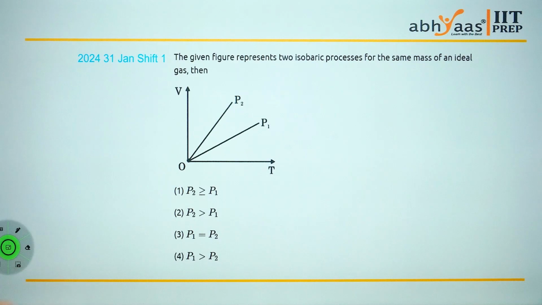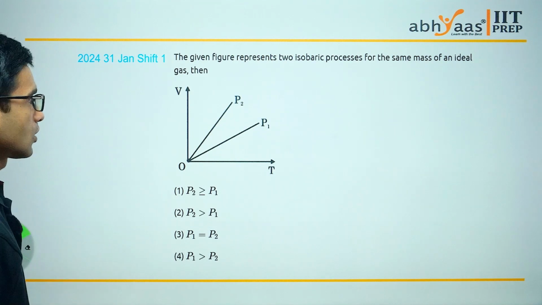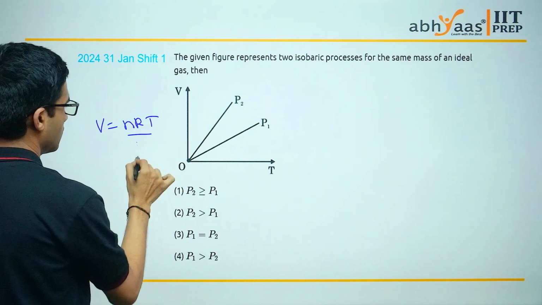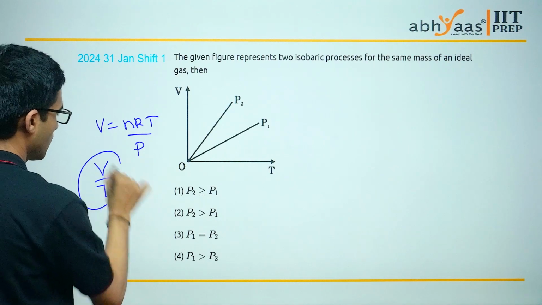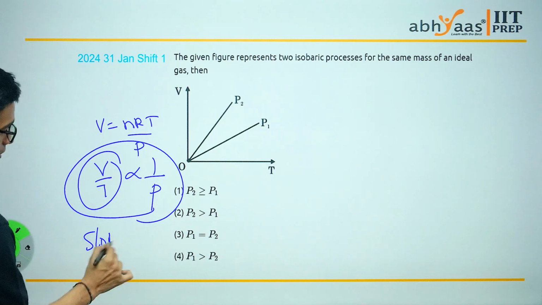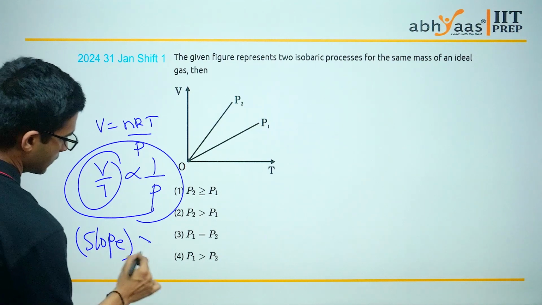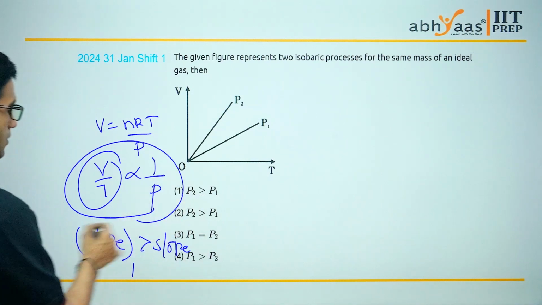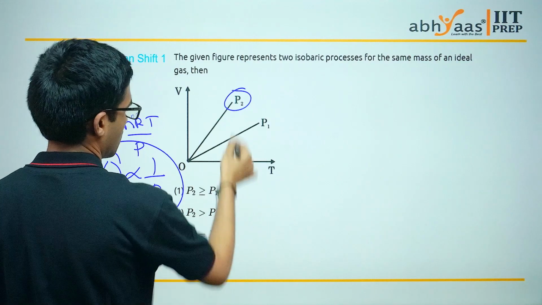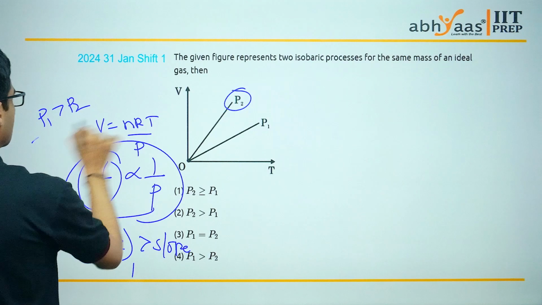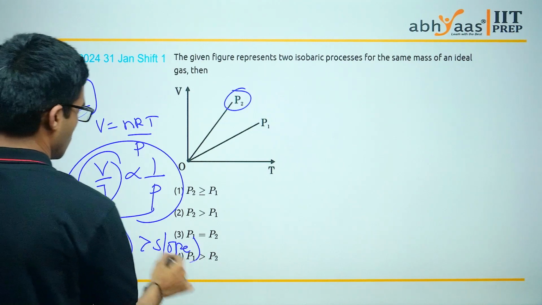Simple question, right? Another question is related to a VT curve, where an isobaric process means pressure is constant. Volume is equal to nRT by P, so we need to calculate the slope V by T, which is proportional to 1 by P. Slope is inversely proportional to pressure.